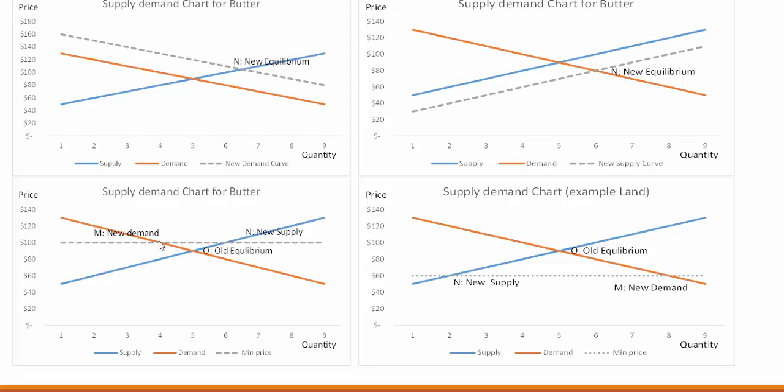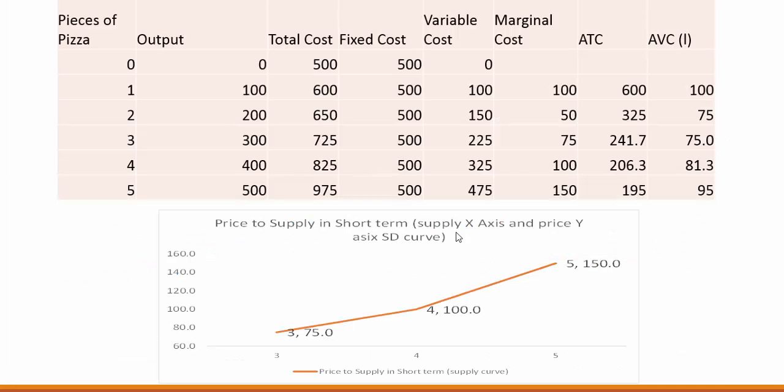At this minimum price, there would be this much demand and this much supply. So there would be a deadweight loss. An example is land, where the government says you cannot sell your land above a particular price. If they put this price, then the supply is this, the demand is this. Likewise, you can look at many examples in detail about how this would work.